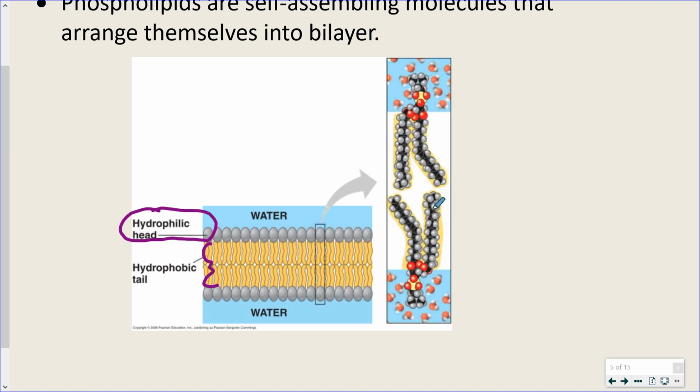So they've zoomed in on the right-hand side here, so we can see that this here would be outside of the cell, and it is mostly water. Down here, this is inside of the cell, and it is mostly water.